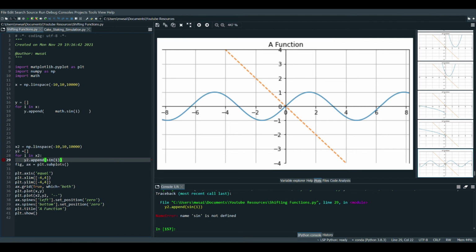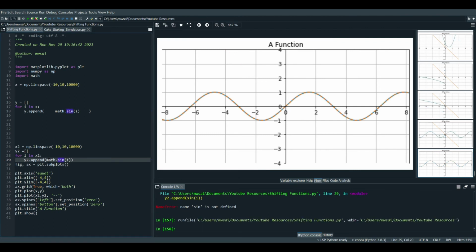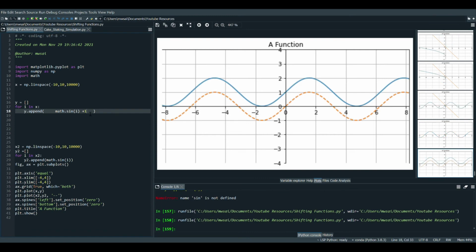Nope. I have to do math.sin. There we go. Okay, so now I have my reference on top of my actual line. So now we're going to move this sine function up 1 unit. And you can see all we have to do is add 1 to the right-hand side.